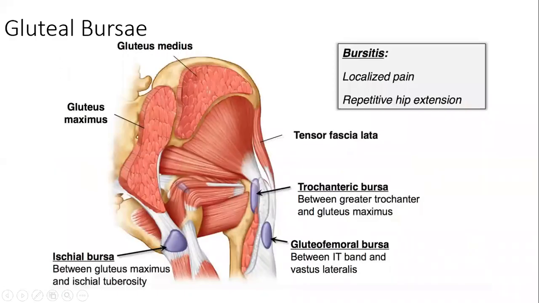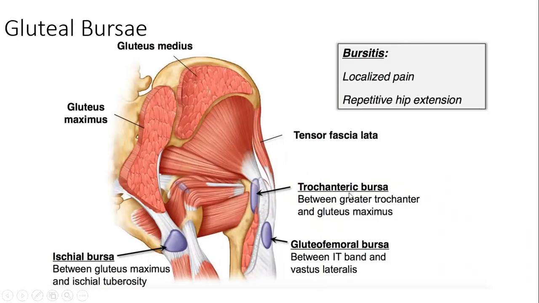Now, there are some bursae related with the gluteus muscles, especially with the attachments or the course of the gluteus maximus. We have ischial bursa that is located between the gluteus maximus and ischial tuberosity. We have gluteofemoral bursa located between the iliotibial tract and vastus lateralis.